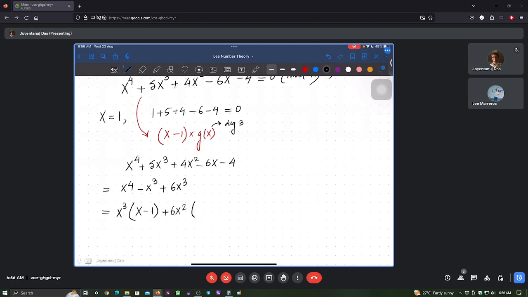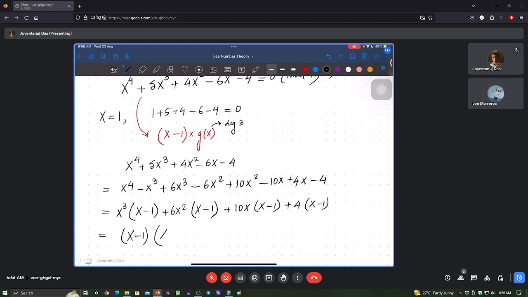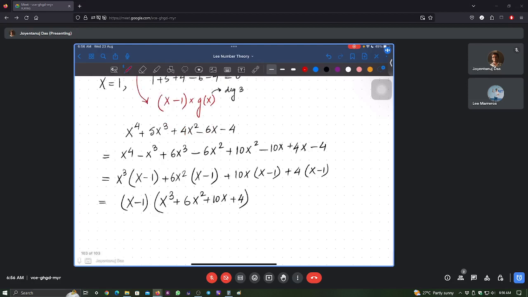The next term is 6x square, then minus 6x square, so to adjust it becomes 10x square. So it will be 10x into x minus 1. Now minus 10x and plus 4x to make it minus 6x. So plus 4 into x minus 1, and this is minus 4. Now you can check that it is getting adjusted. So now I get my g of x, that is x cube plus 6x square plus 10x plus 4. So this is my g of x, and from here I have to find the other roots.